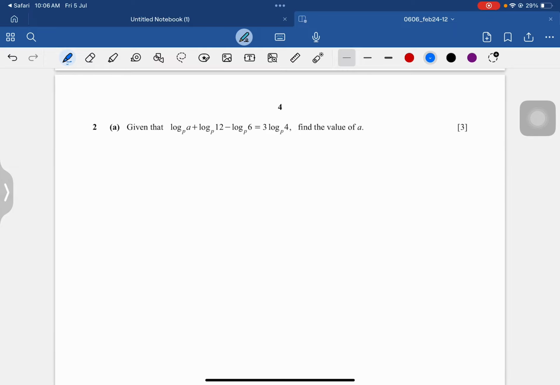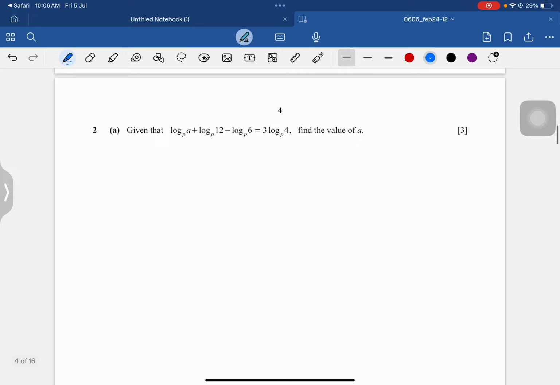Okay. Second question. This is log. All of them having the same base. So you can apply plus this time. Log A plus log B equals log AB. So log P. So it will be 12A minus log P over 6 equals 3 log P 4.